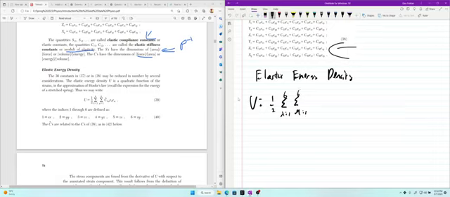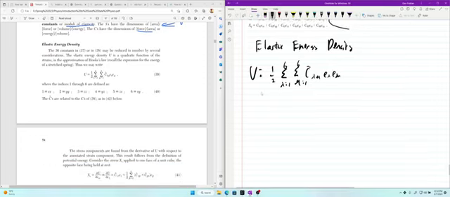Well, there's 6 strain considerations, because we said that the torque has to be 0. C tilde lambda mu E lambda E mu, where the indices 1 through 6 are defined as XX, YY, ZZ, and then YZ, ZX, XY.